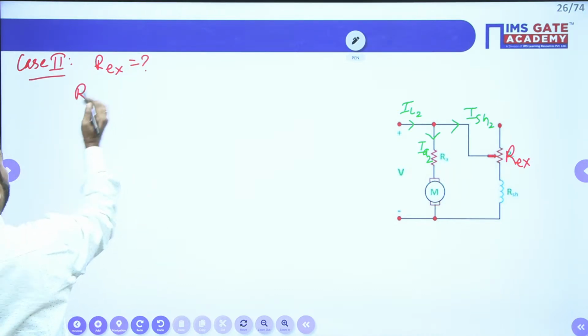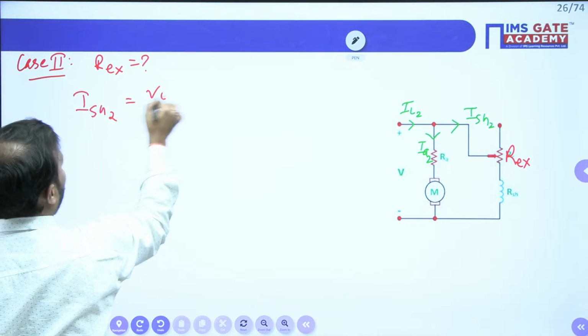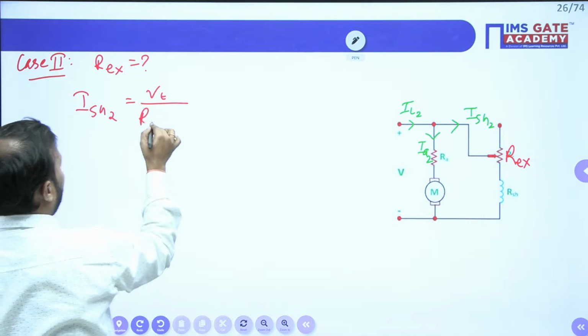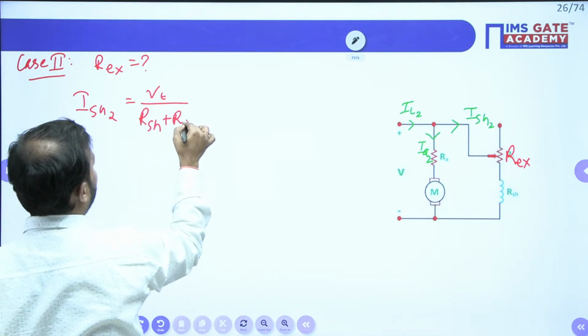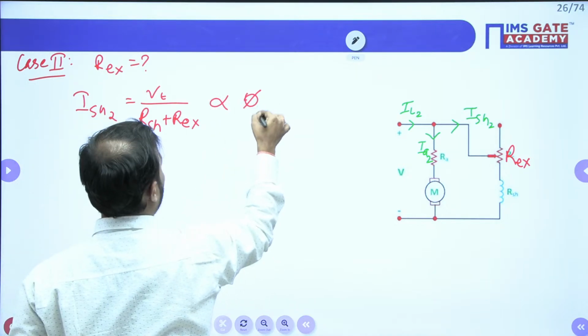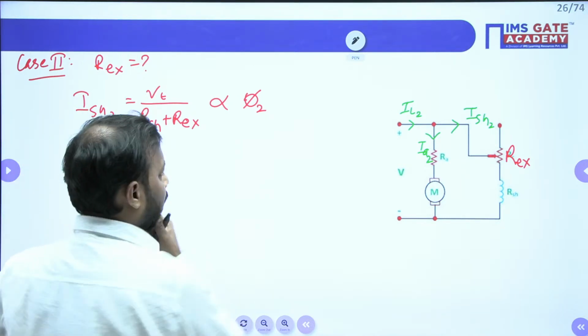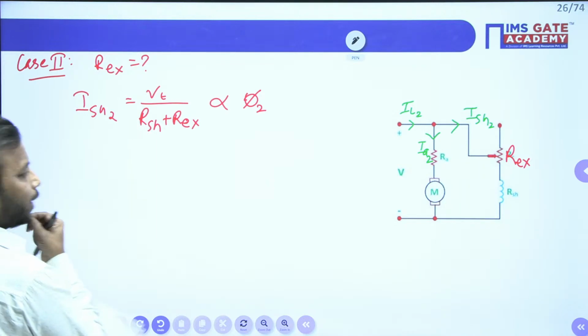So ISH2 is equal to VT upon RSH plus R external, and this is proportional to phi 2. Done? Clear?